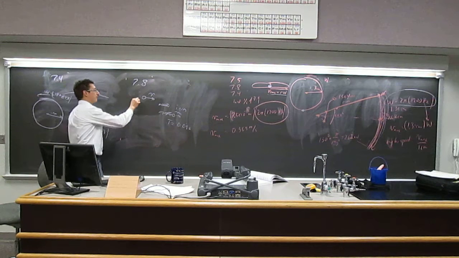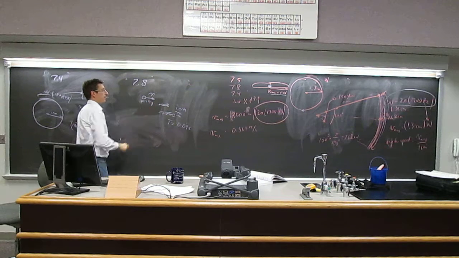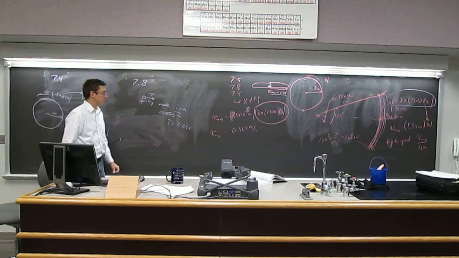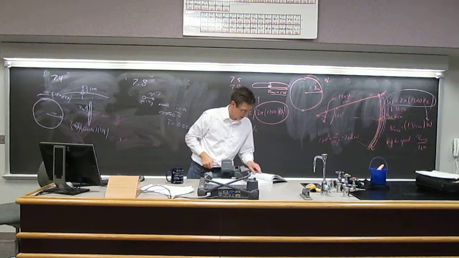And this is 5 grams. I'm just going to call it m. And so the question is, what's the speed that we have? That's part A.